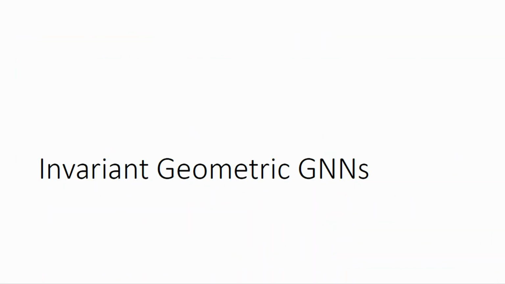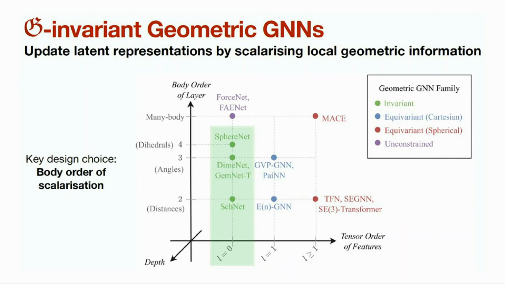All right, so let's start with a deep dive into the invariant geometric GNNs. As said in the name itself, invariant geometric GNNs capture the invariance to translation, rotation, sometimes rotation, most of the times translation and rotation together, capturing the invariance properties of these roto-translation groups applied to the input systems.